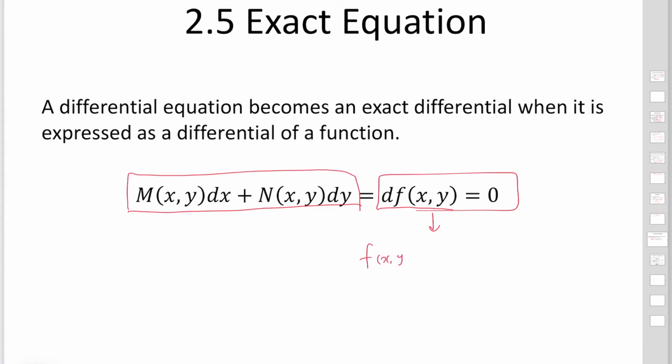f(x,y) is constant because the derivative of f becomes 0. So we can solve the differential equation. We call this form of the equation an exact equation.